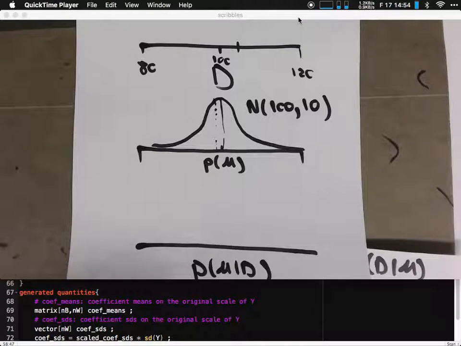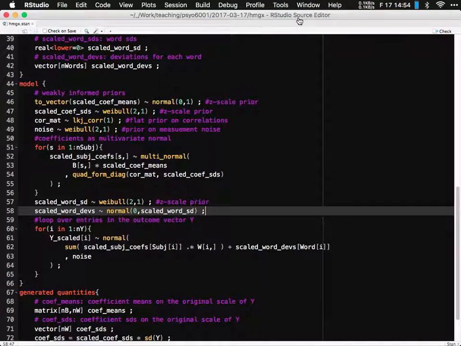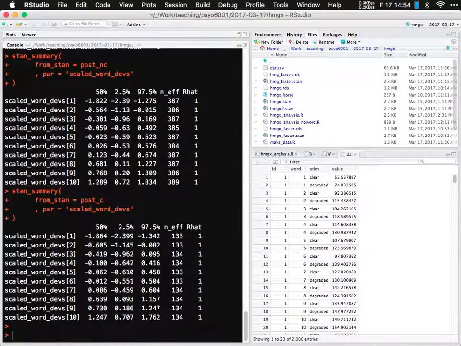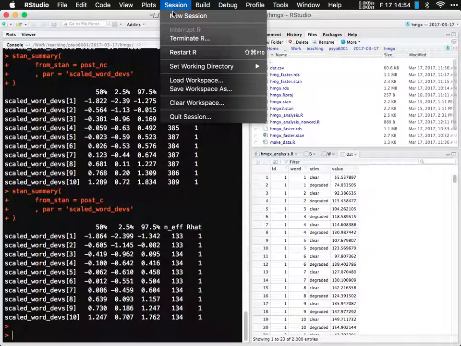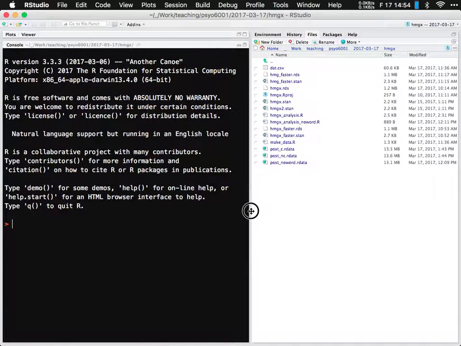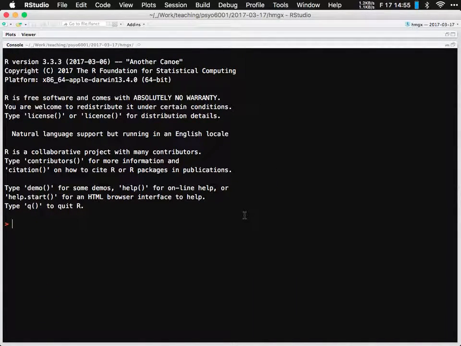We can do that easily in R. I'm going to do a new session, just so we don't have all this clutter. We won't need any of that. Okay.